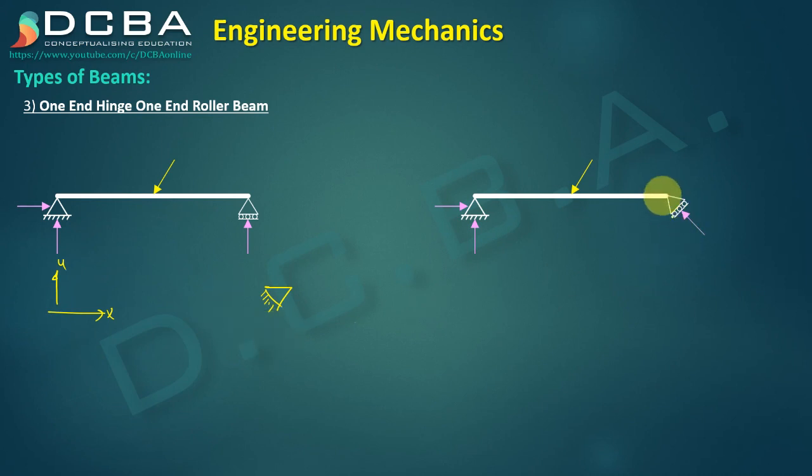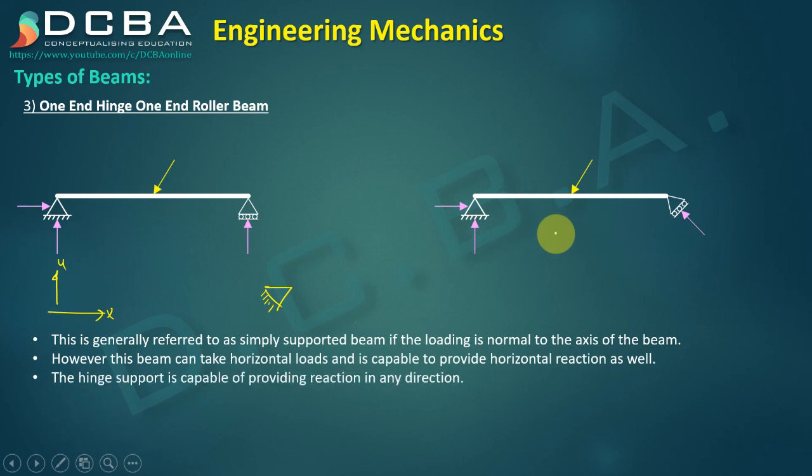But when we come to the roller, if it is inclined, this roller will definitely have a reaction only in this manner possible. If you want a reaction in x and y, then you have to resolve this reaction into its two components, then you will get the reaction in x and y direction. So this is the same thing that I have explained.